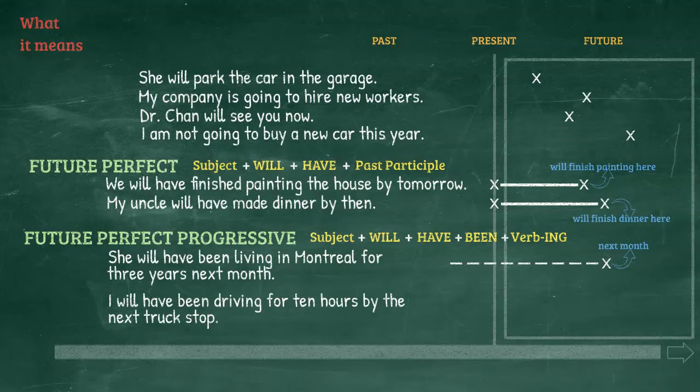Or in the case of the second sentence, I will have been driving for 10 hours by the next truck stop, it means that when we get to the next truck stop, maybe here, it would mark the full 10 hours of me driving without stopping. Although the future perfect and the future perfect progressive are a little bit complicated, they are actually not very much used. You can sometimes get away with making sentences with just will or going to.